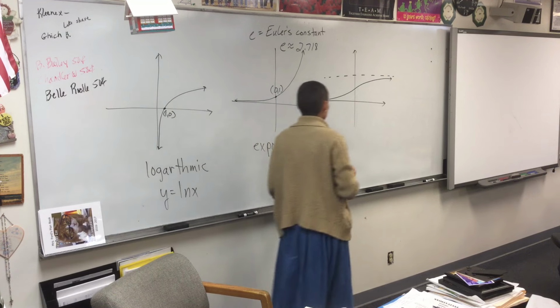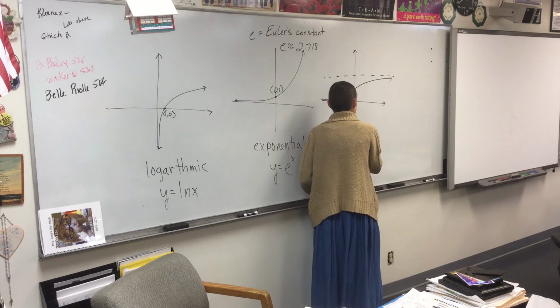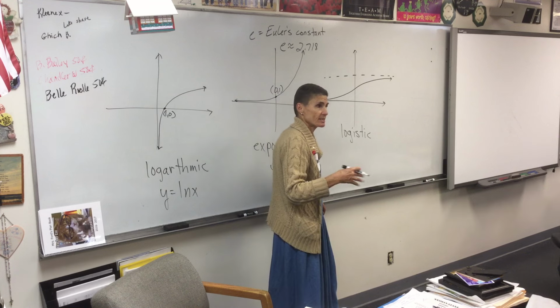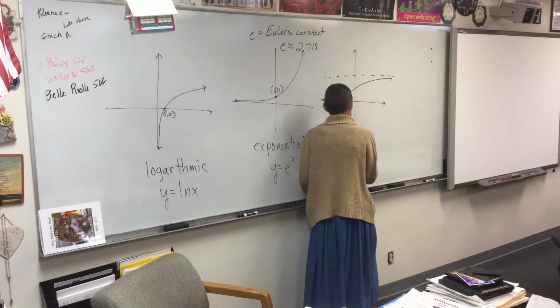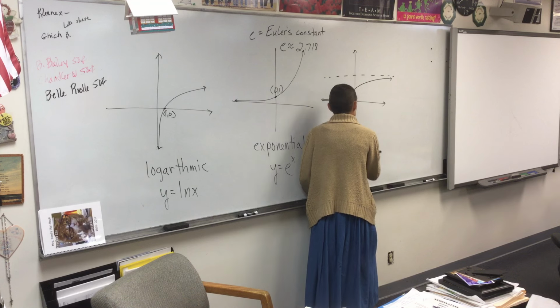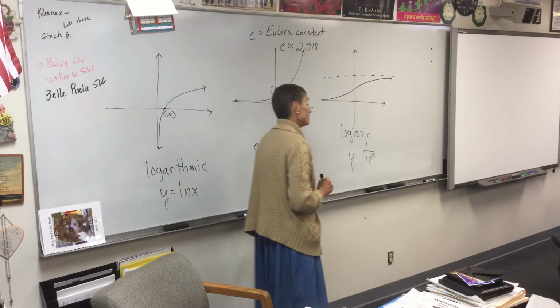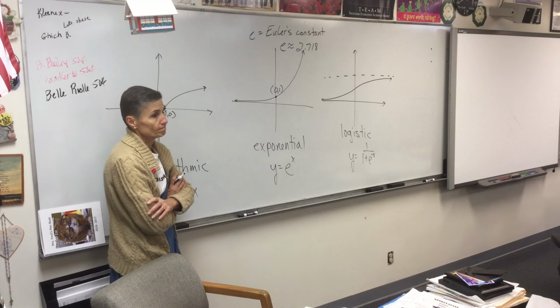This one is called the logistic function, and it's used a lot when we study populations, logistics, the logistic function. And its equation is y equals 1 over 1 plus e to the negative x. That's probably the toughest equation you have to memorize. It's a tough one.